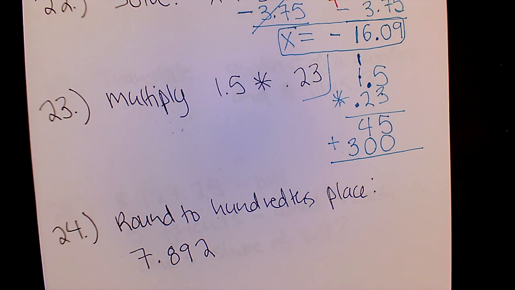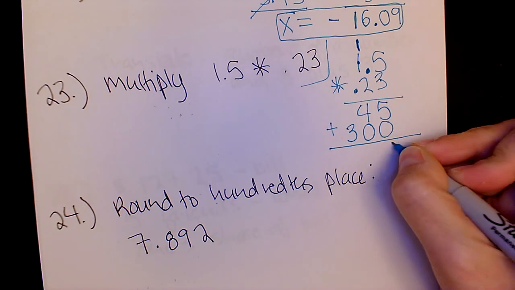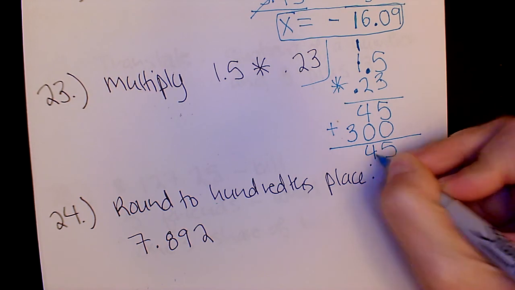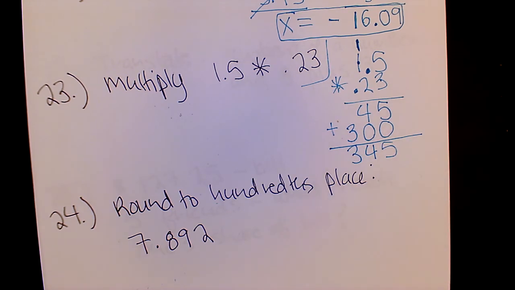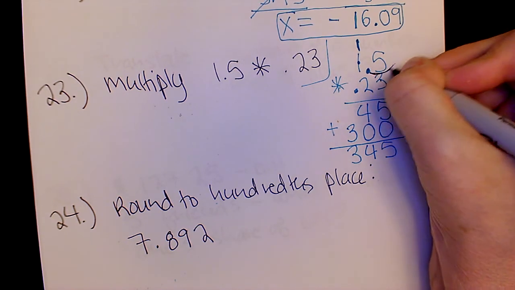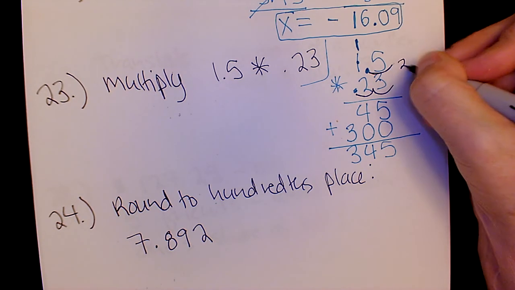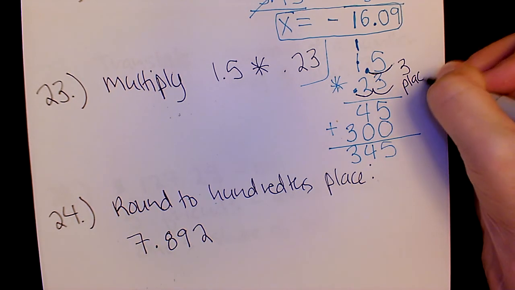So now we're just going to add down, and that looks pretty easy. I'm just going to get 5, 3, 4, 5. I'm not done. I need to figure out where I'm going to put my point. So if we go back up to the problem, we see we've got 1 space here, and we've got 2 places there.